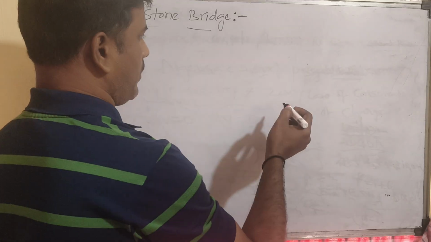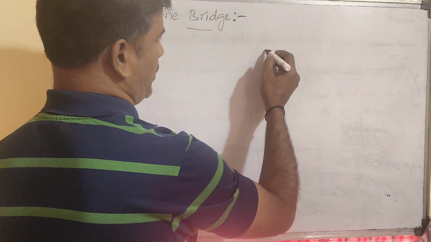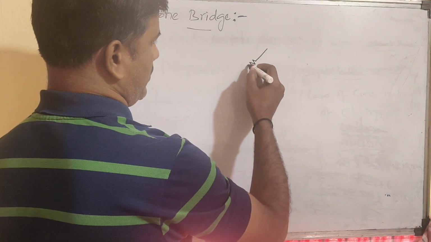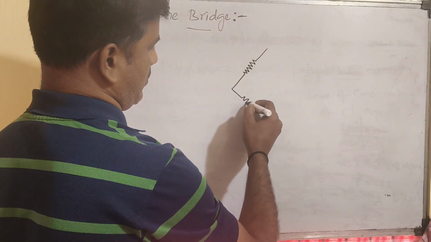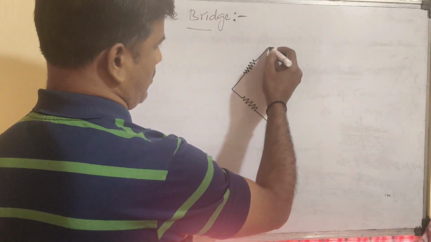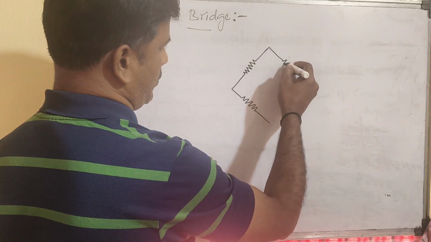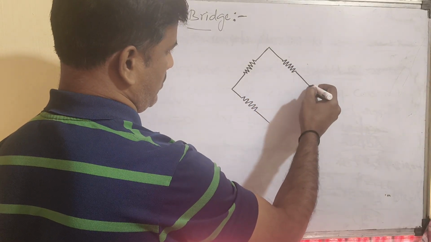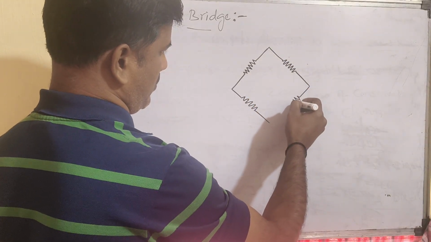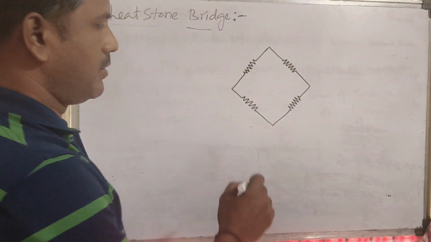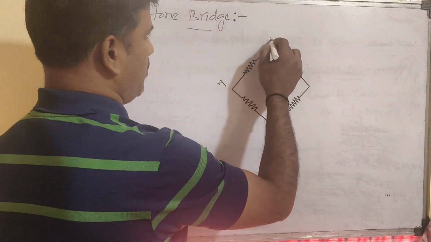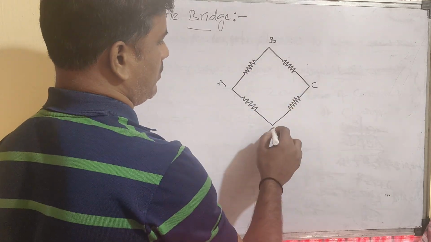For example, the Wheatstone bridge diagram. These are four junctions: A junction, B junction, C junction, D junction.